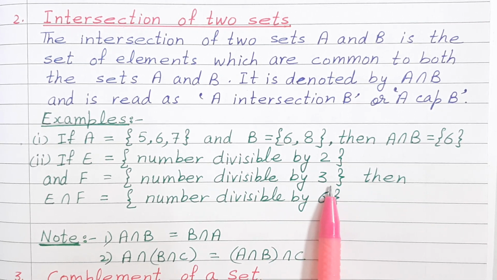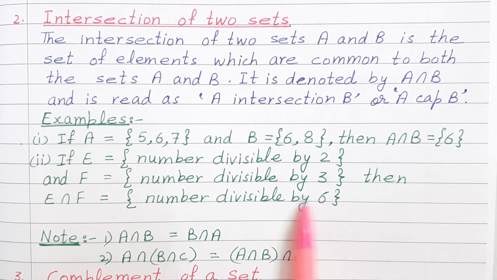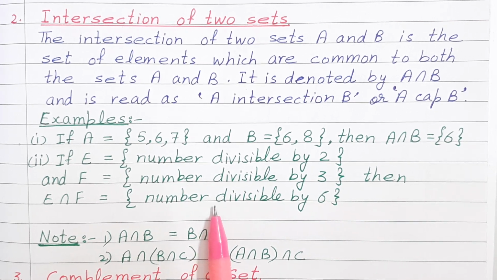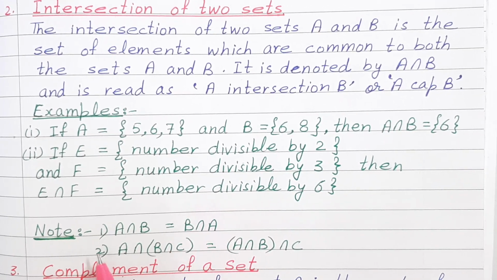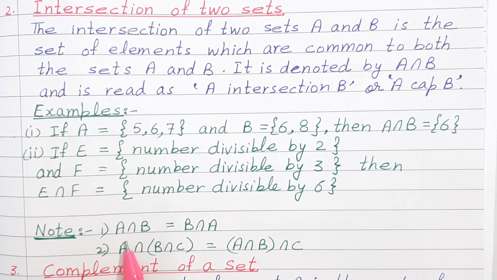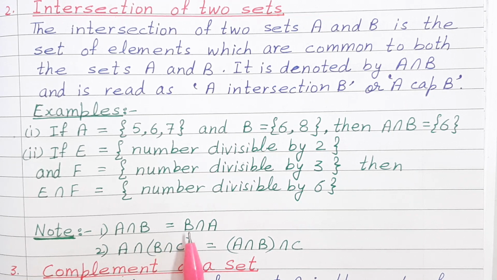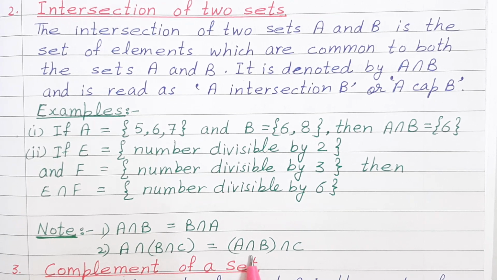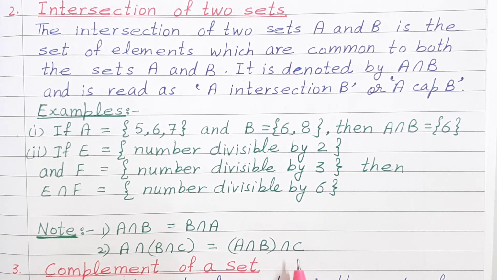So all those numbers which are divisible by 6 will be the intersection. Here children also, A intersection B is equal to B intersection A. Similarly, A intersection (B intersection C) is equal to (A intersection B) intersection C.